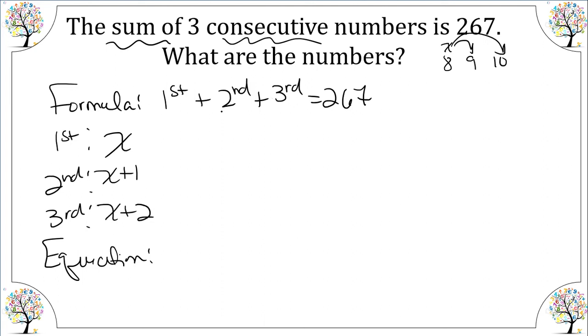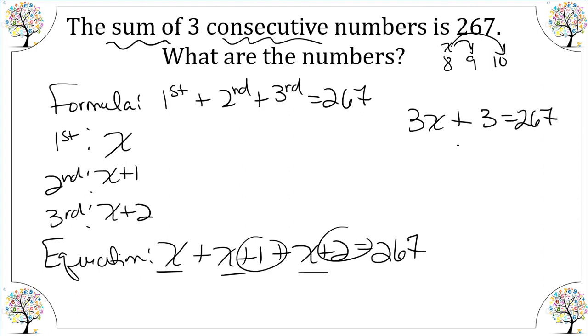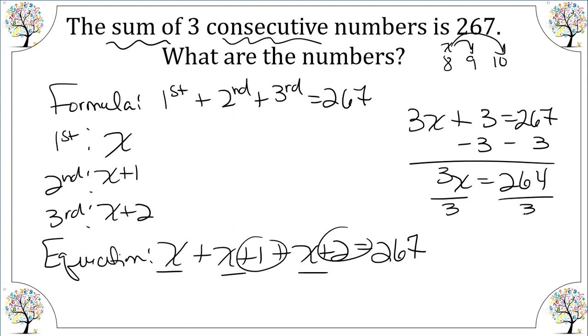Now we're going to plug those in. So our first number is x, our second number is x plus 1, and our third number is x plus 2. We're going to combine our like terms, and then we're going to solve. We're going to subtract out 3, and we're going to divide by 3.